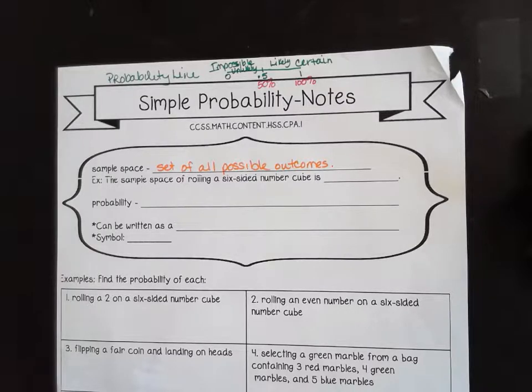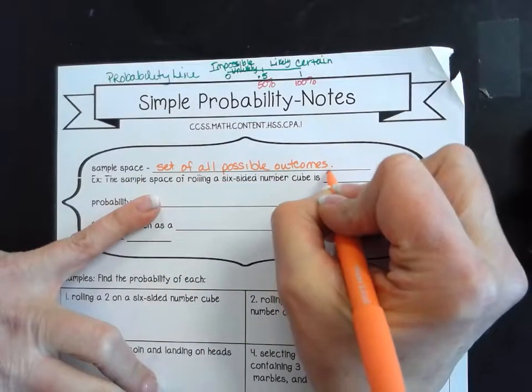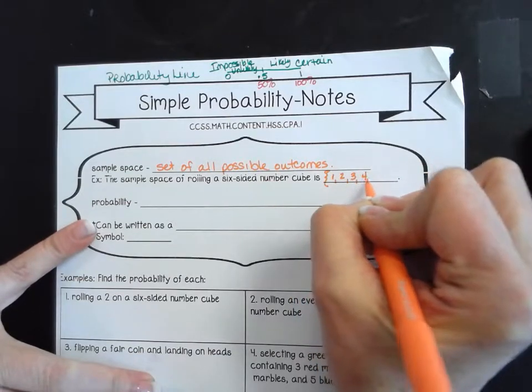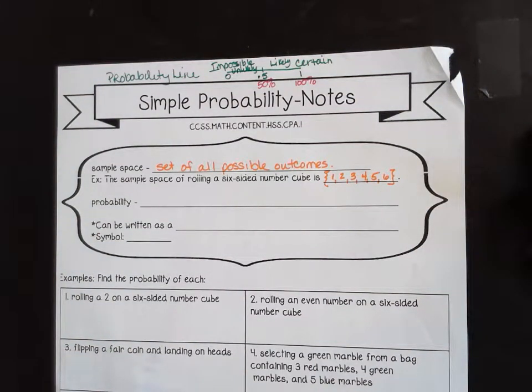What are all my outcomes? I could roll a 1, I could roll a 2. Those are my sample space. I could roll the 1, the 2, the 3, a 4, a 5, or a 6.